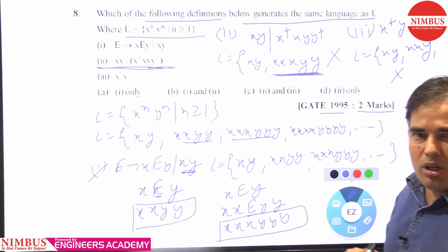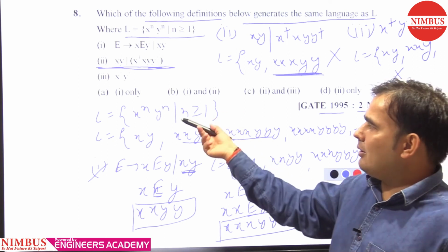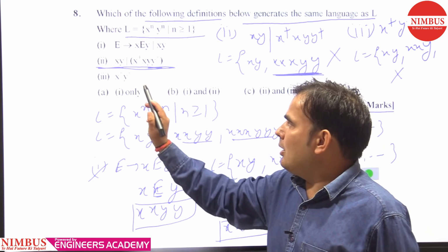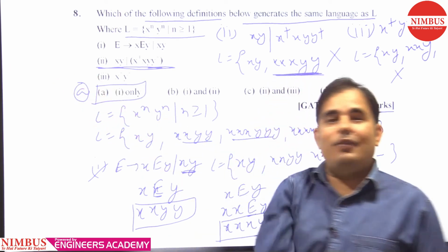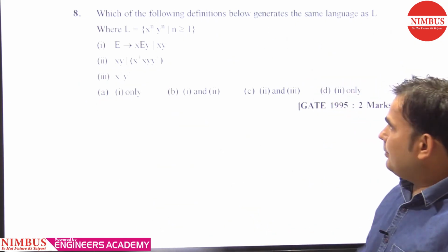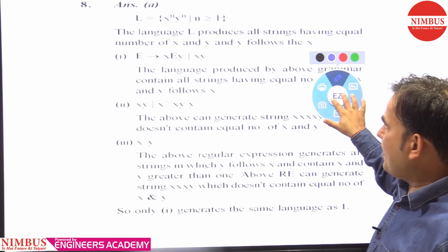So which statement generates the same language as the language in the question? Option first only, so option A is correct. Very good question. In TOC you need practice. You can see the solution for this.